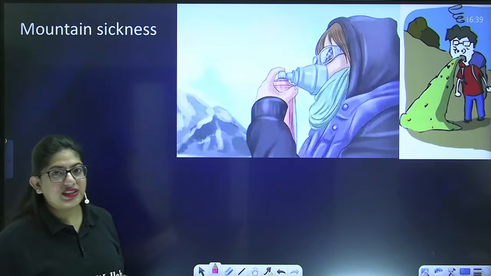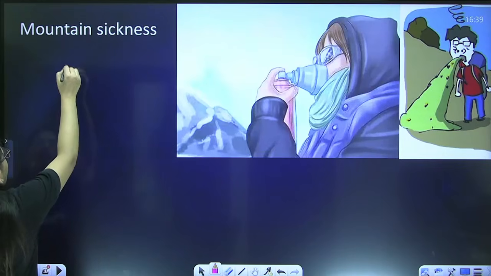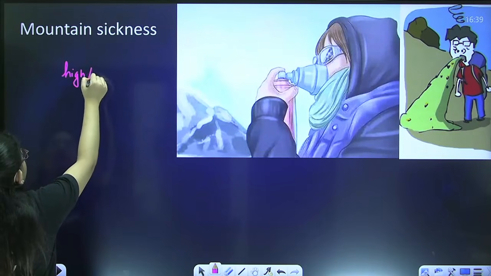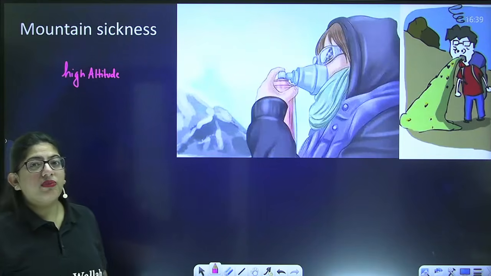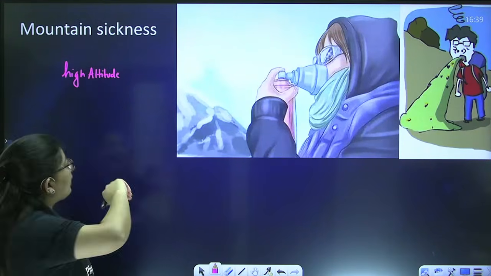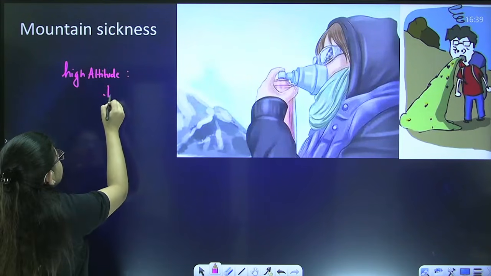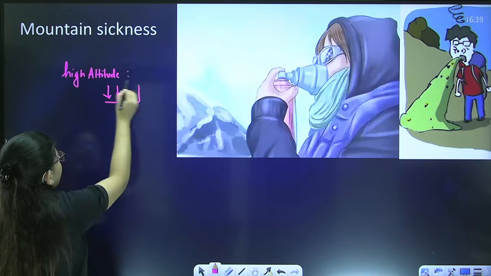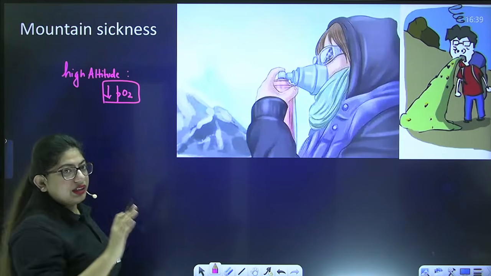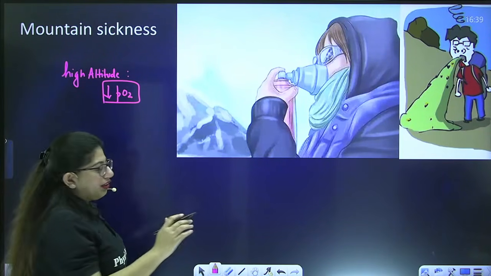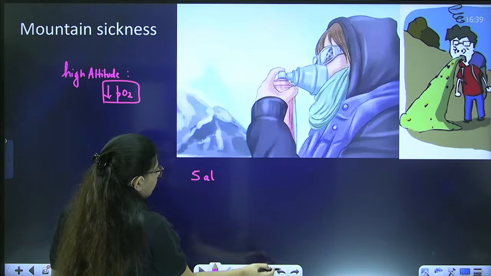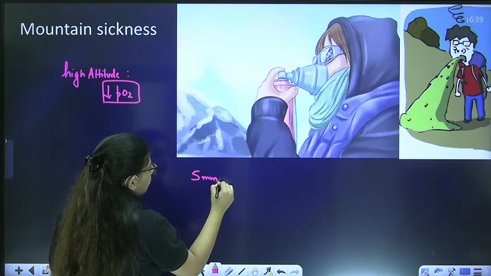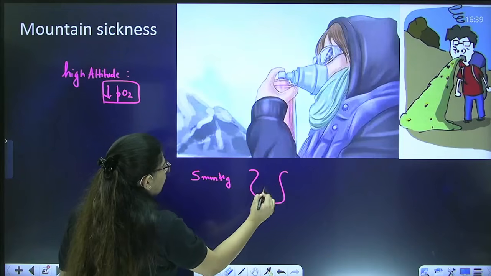What about mountain sickness? So whenever you go to high altitude, like in mountains of Mount Everest or Rohtang Pass or Ladakh region, at high altitude there is less partial pressure of oxygen. Okay, imagine earlier on the plane, I'm just giving you a rough value, the partial pressure of oxygen was 5 mm of mercury in the atmosphere, and in the lung it was 0.